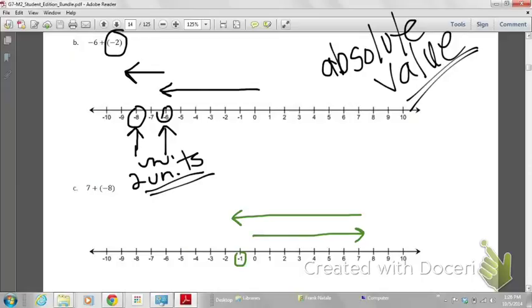Okay, p-value, our first addend, sum right there, and now the distance between these two, yes, you guessed it, 8 units. Okay, 8 units, which corresponds to that -8 right there. Okay, alrighty.